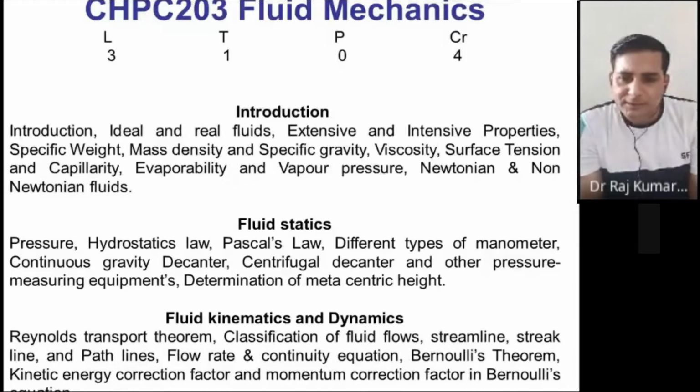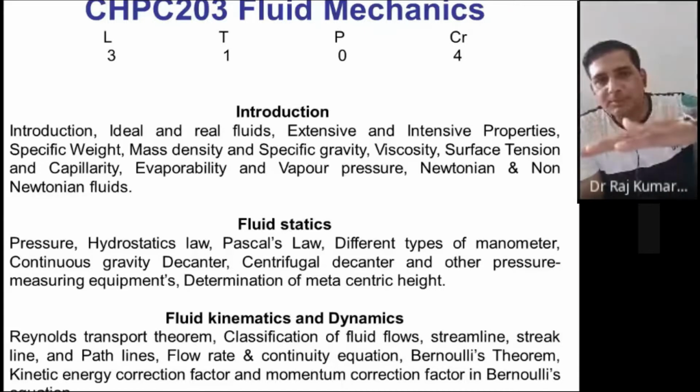So in this particular chapter, you have pressure. Hydrostatic laws means how the pressure would change with respect to height actually. Pascal's law, you already know that pressure works equally in all directions. It is not a function of direction, right? It is actually a scalar quantity only, and it works on every side in a particular plane. So if you are at this plane, it will have the same pressure throughout.